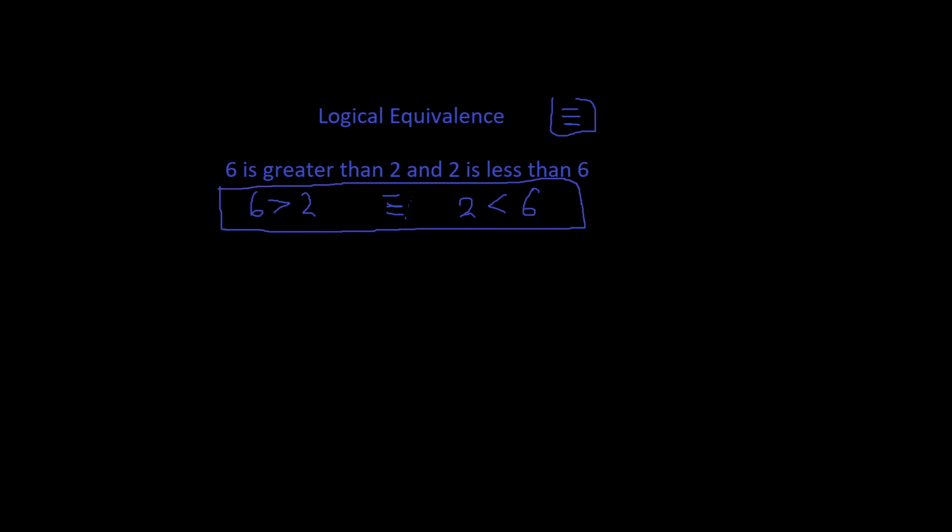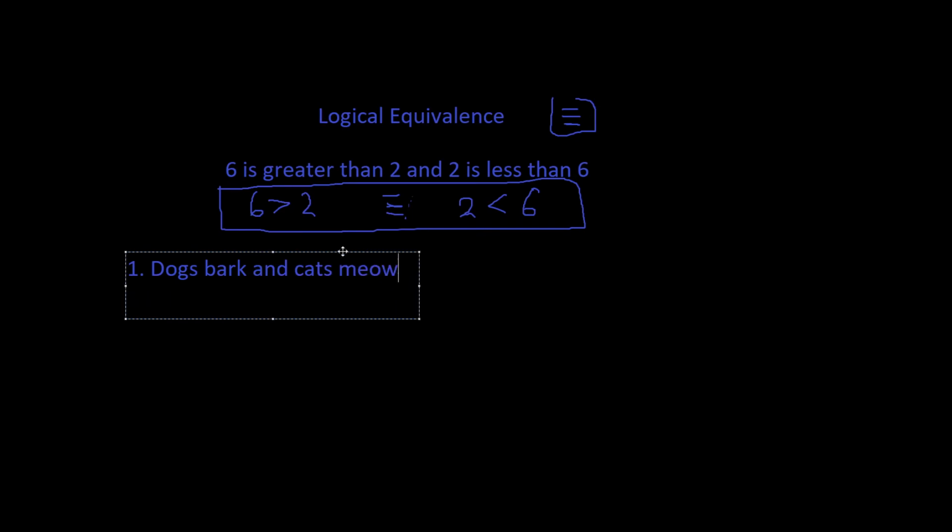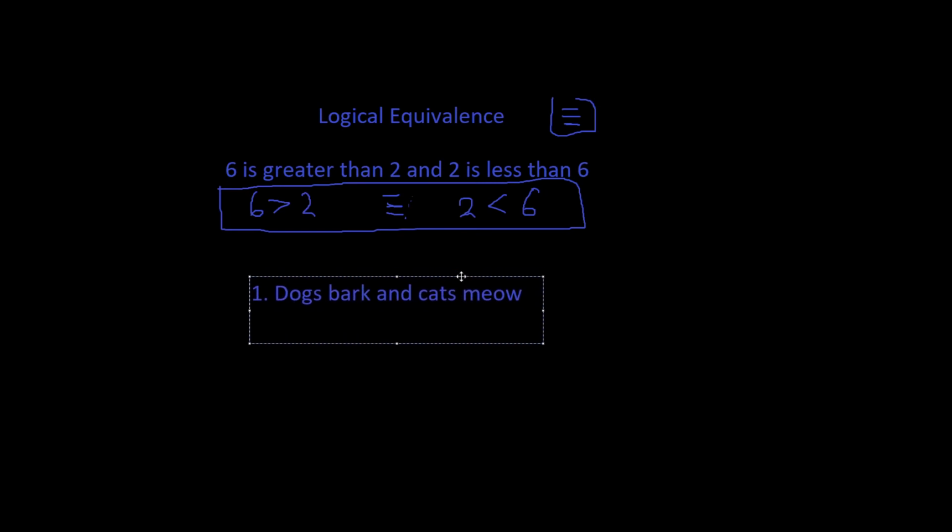And so now we're going to have more of a real world example. We're going to say dogs bark and cats meow. And so what do you think about this? It sounds like a funny compound statement, right? Because we have a P right here, dog barks, and a Q, cat meows.